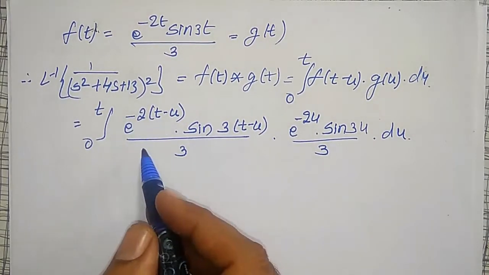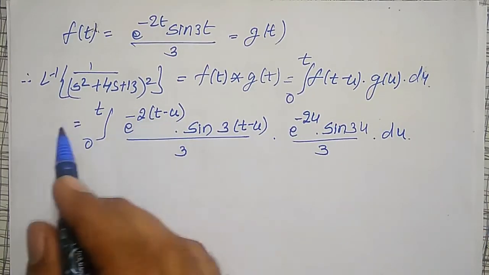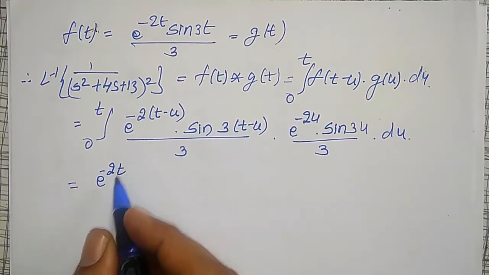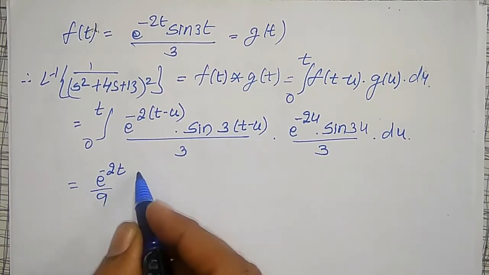Now let me expand this. I am integrating with respect to u. That's why I will take e to the power minus 2u outside. That will become e to the power minus 2t, and 3 into 3, 9, I will take outside.